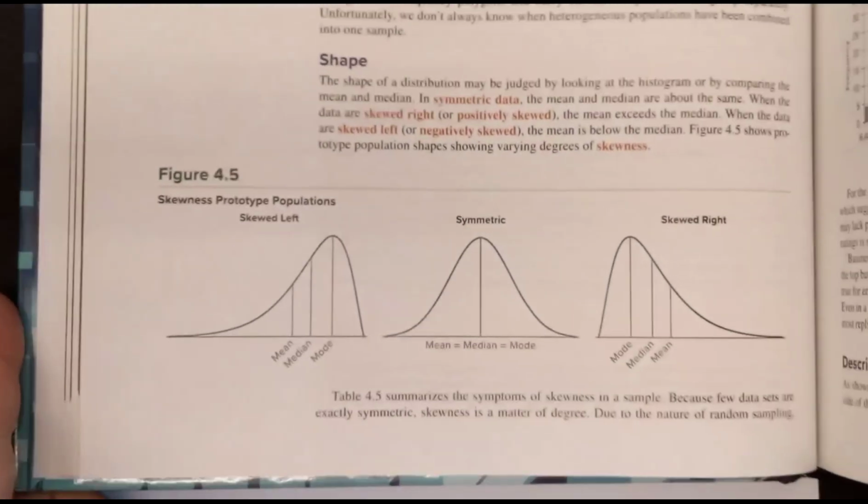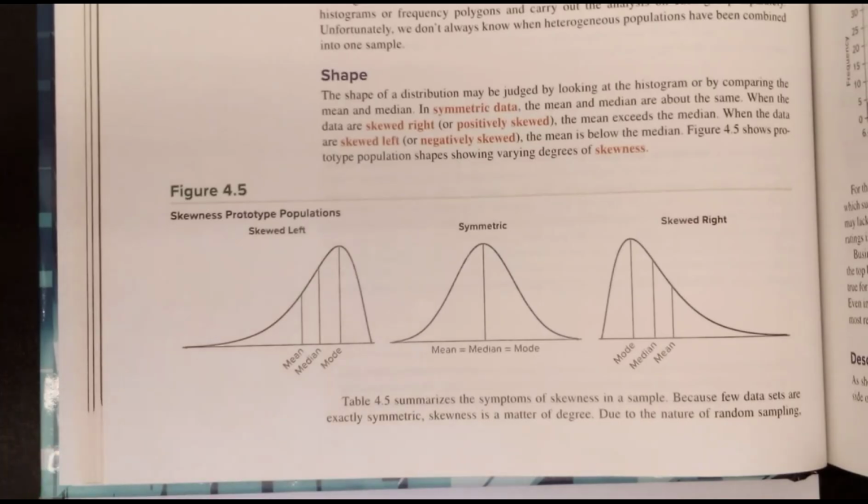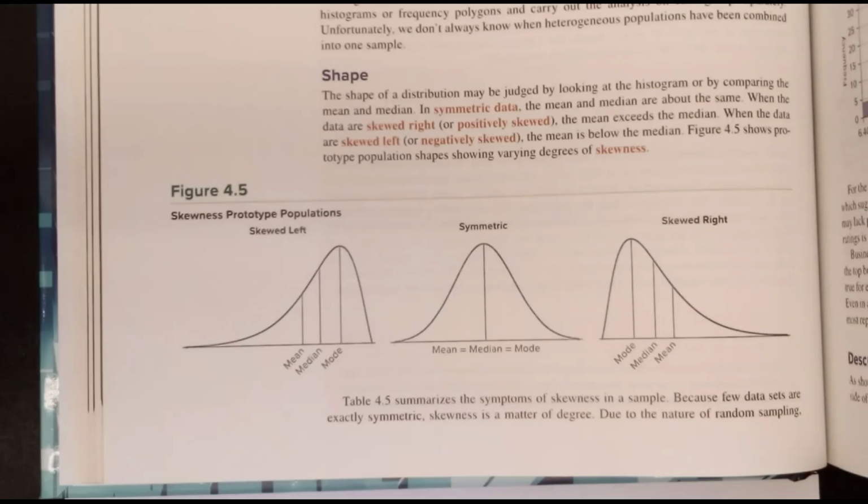are three pictures about the same kind of data with three different shapes. The one in the middle is symmetric. It's the same on the left as it is on the right. And if this was a truly perfectly symmetric picture, then the mean and the median would be the same.